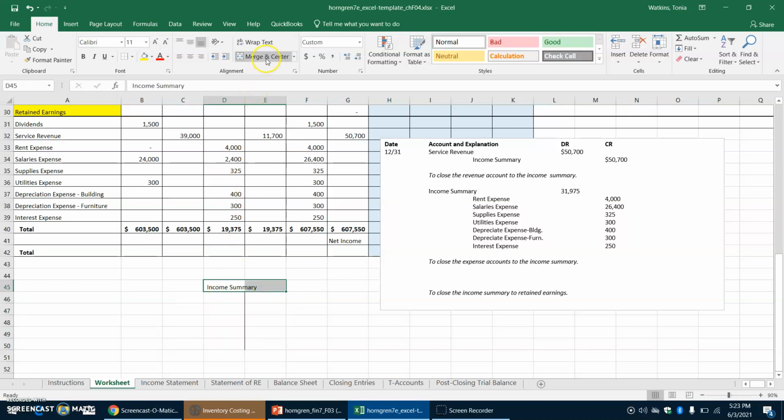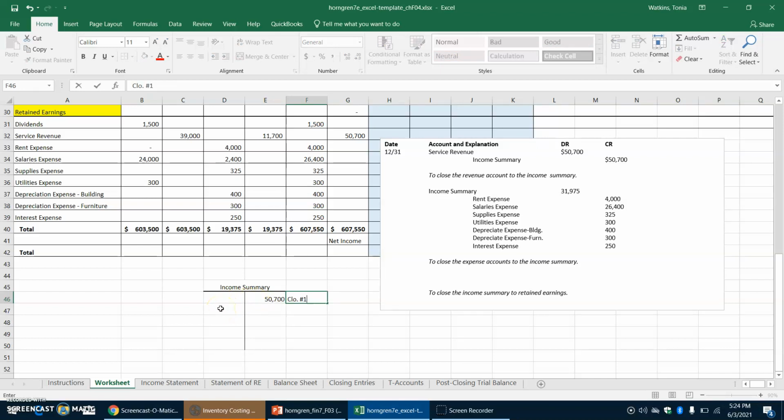When we close, I'm just going to post to the income summary account. We had a credit of $50,700. That is when we closed revenue. That was closing number 1.